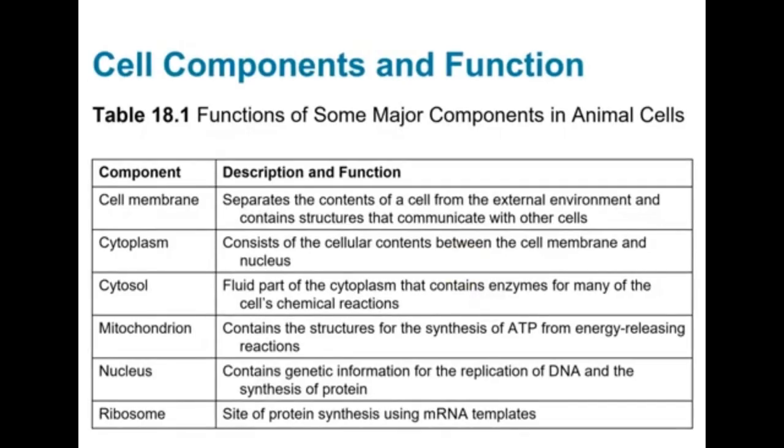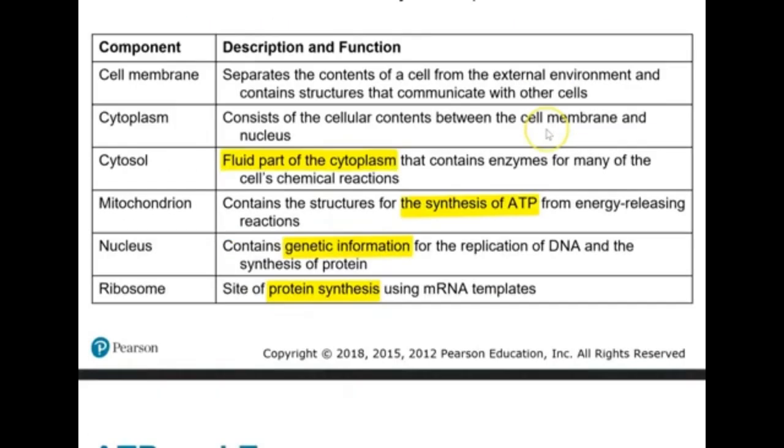We already discussed: cell membrane is the boundary. It separates the cell from the environment. Cytoplasm is everything within the boundaries of the cell membrane with all the organelles and stuff. Cytosol is just a part of the cytoplasm. Mitochondrion is responsible for ATP synthesis. Nucleus is where genetic information is stored, and the ribosome is protein synthesis.